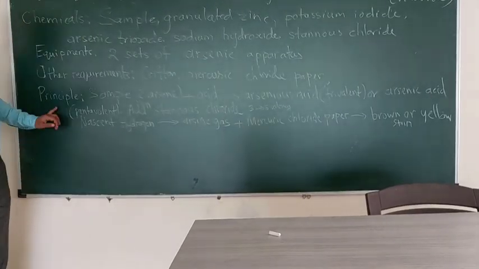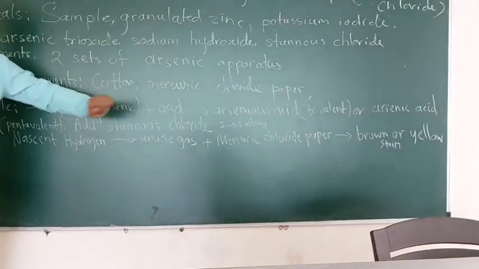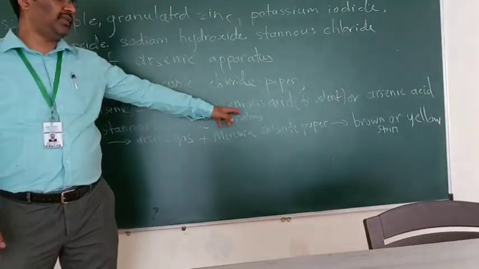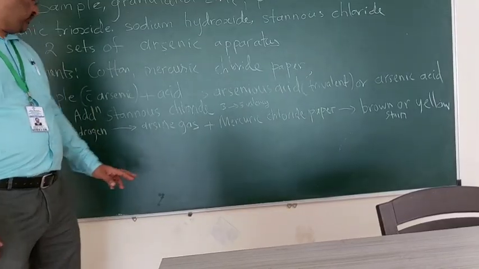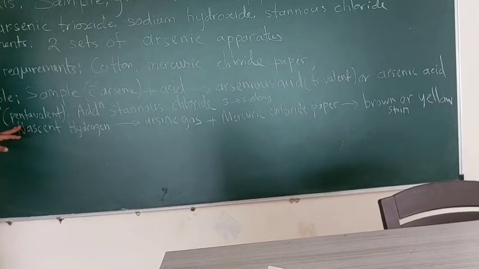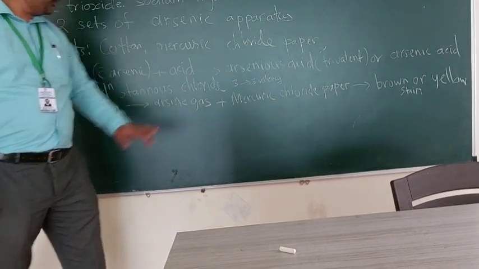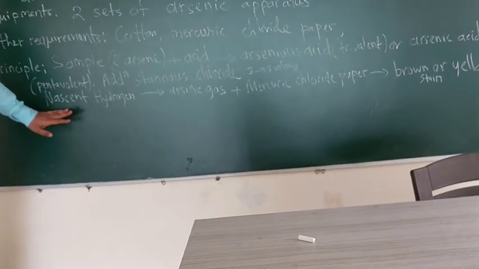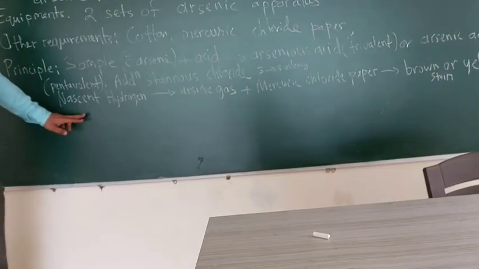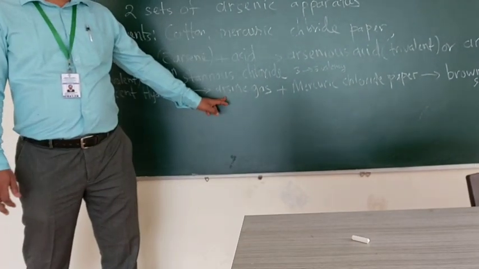Now what is the principle? The sample having arsenic, when we add acid, will convert to arsenious acid. This is trivalent, and when we add stannous chloride, this trivalent is converted into pentavalent form. Now when we add nascent hydrogen, it is converted into arsine gas.